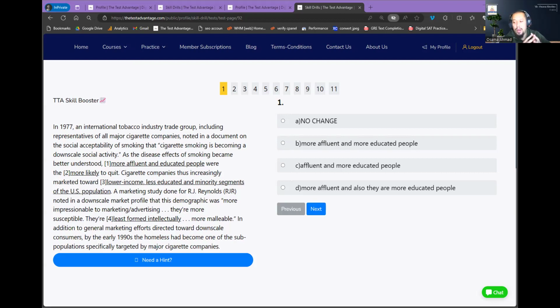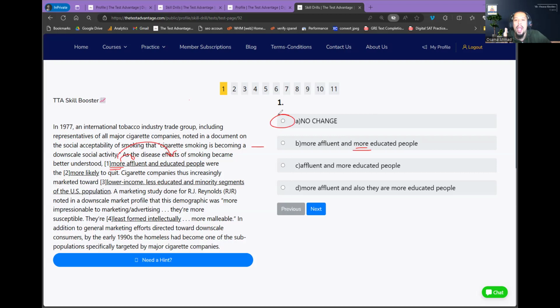We're practicing parallelism now. Omar and Shaza, where's my answer? Omar, no. Shaza, yes. So, Omar, you repeated the word more, which is unnecessary here, because it's more affluent, more educated.